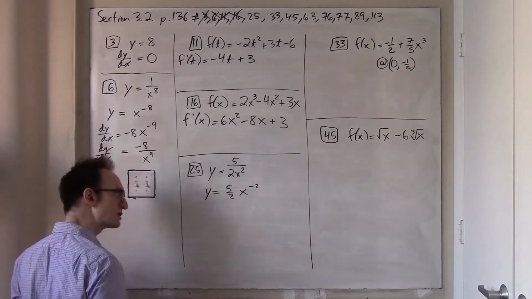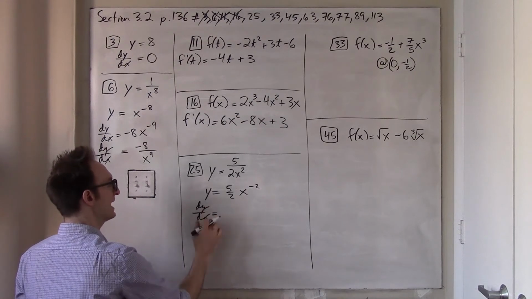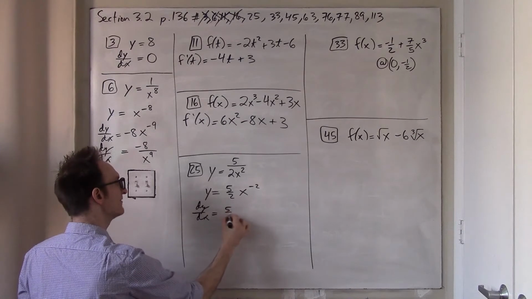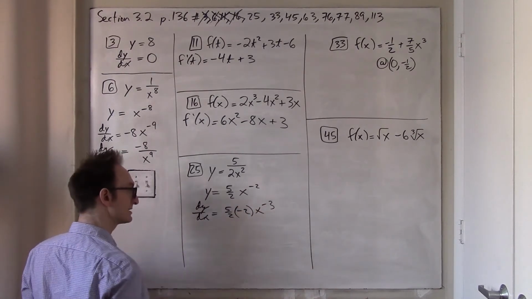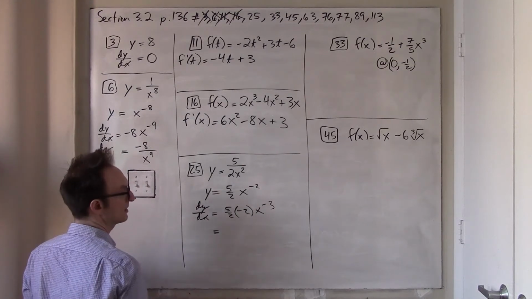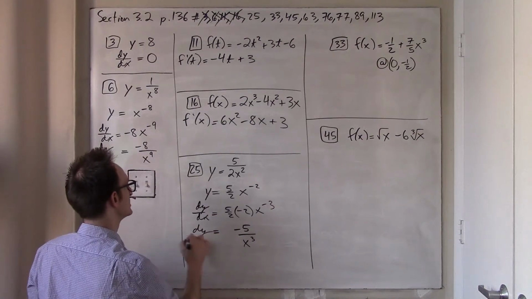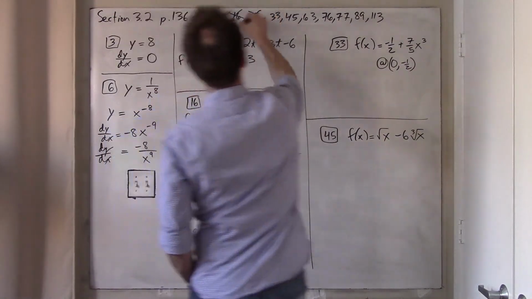I call this differentiation-friendly form. And now I'm ready to actually differentiate, and what I get is 5 halves times, bring down the negative 2, x to the negative 3. And so my final answer is negative 5 over x cubed. Okay, great. That was 25.